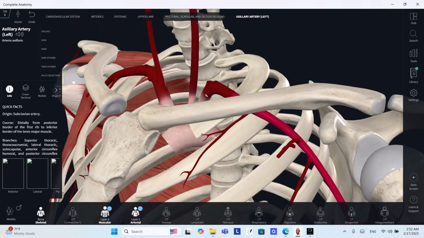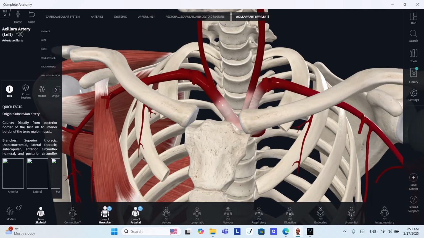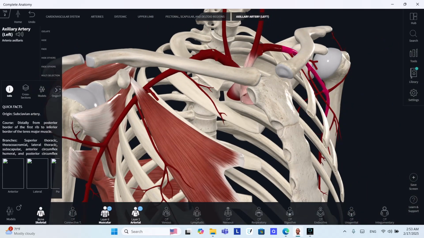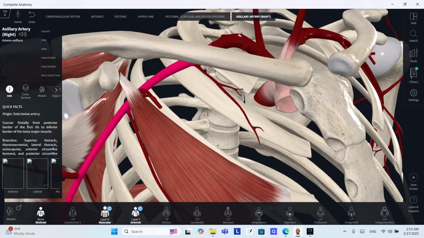This axillary artery continues, running in the axilla, and will be divided into three parts. This happens at the pectoralis minor. So here exactly we have the axillary artery and this is the pectoralis minor.